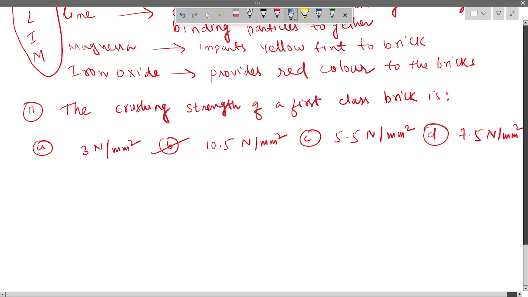Now you remember this table, or I will give the information. For common building bricks, compressive strength should be 3.5 Newton per millimeter square. Note it down.